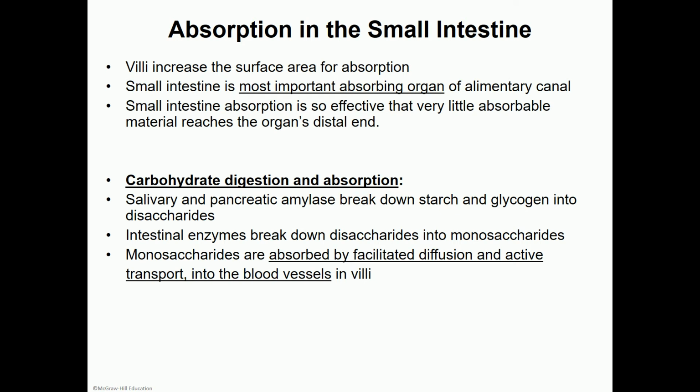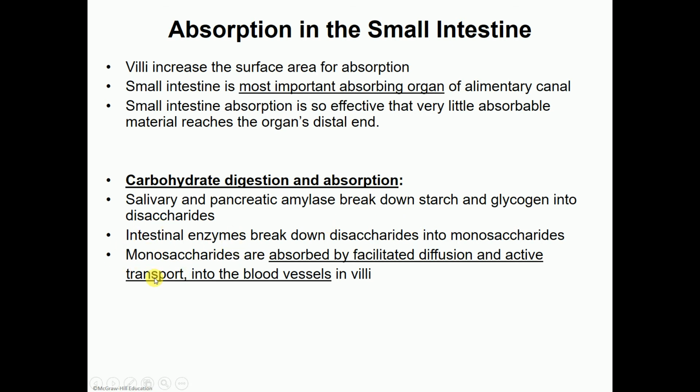So first off, carbohydrates. Remember we said that carbohydrate digestion starts through salivary amylase in the oral cavity, and then pancreatic amylase in the intestine is going to break down starch and glycogen into disaccharides. These disaccharides will eventually break down into monosaccharides in the microvilli, thanks to the action of sucrase, maltase, and lactase.